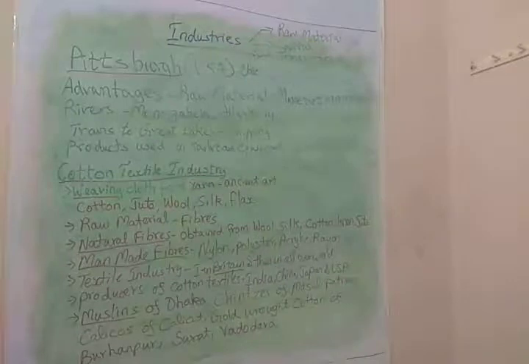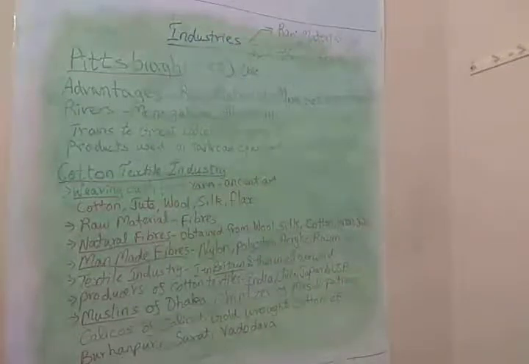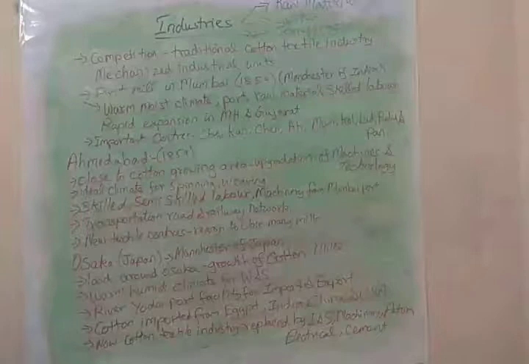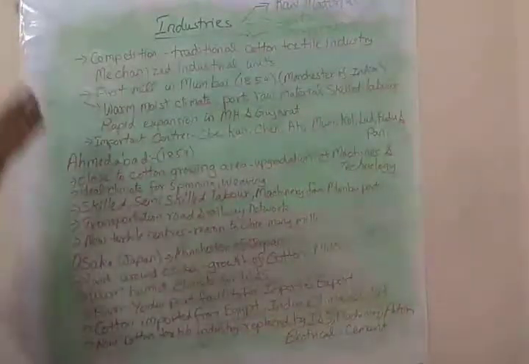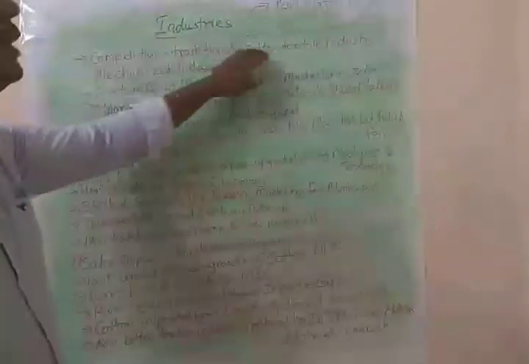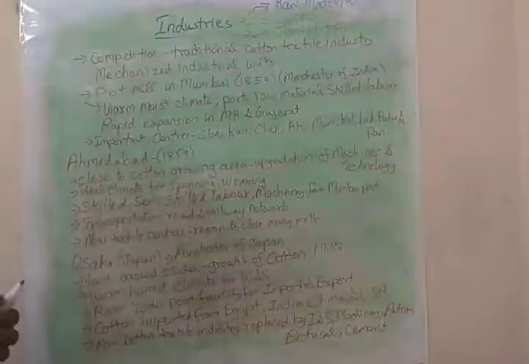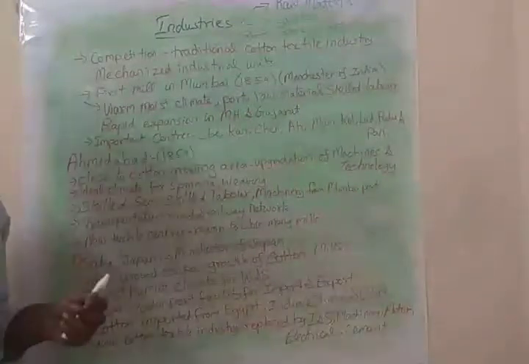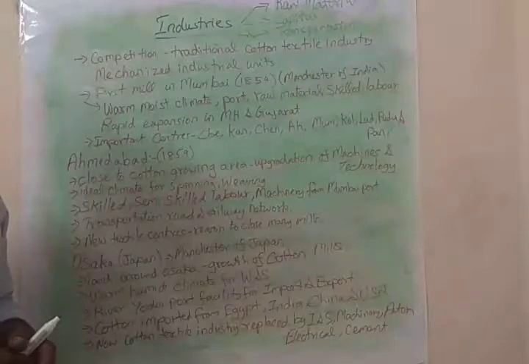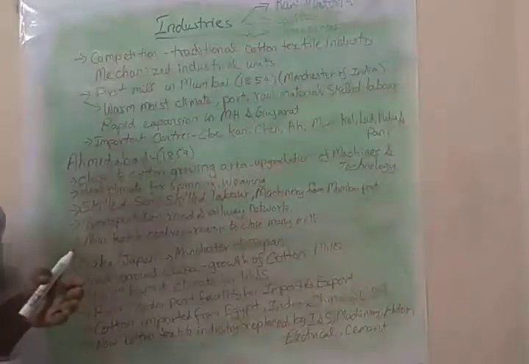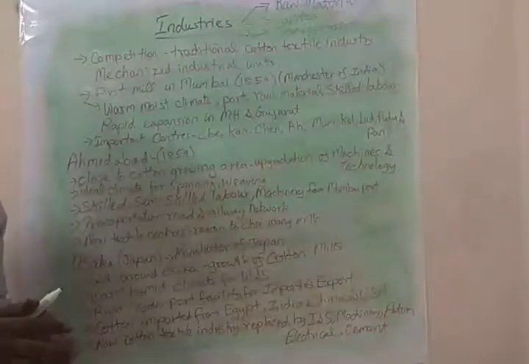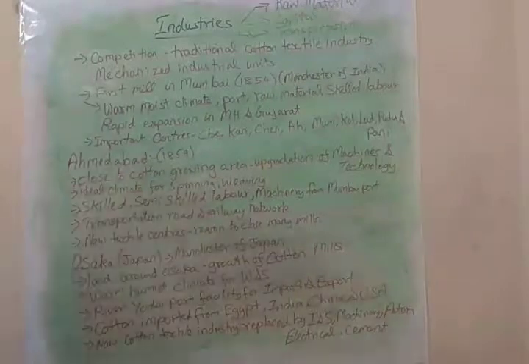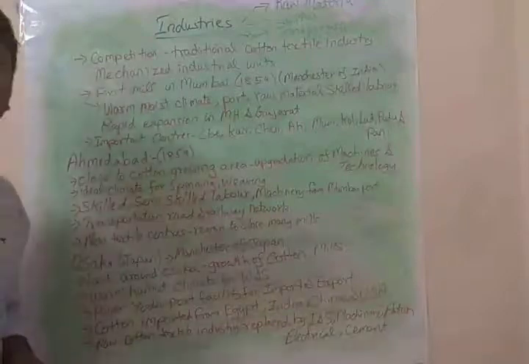The next topic we are going to see has some important points. For the cotton textile industry nowadays, there is a big competition between the traditional cotton textile industry and the mechanized industrial units, because in those days spinning and weaving was done through the wheel, and that spinning wheel was taken as the chakra of our national flag, right? In those days it was done through manpower, but nowadays machines came through technologies.